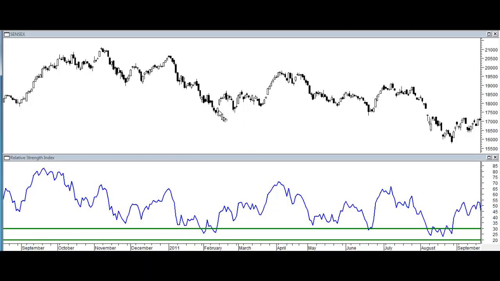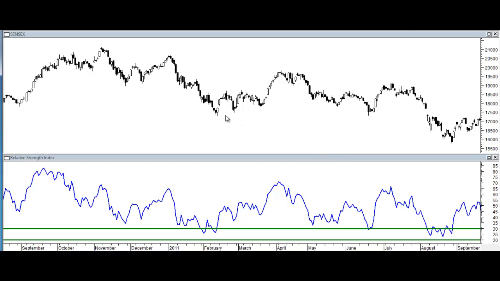Post that, Sensex made a lower low around 17,300 levels, but RSI made a higher low at 26.26, which indicates that positive divergences are in place. And again we almost retested the 17,300 zone, making a higher low at 17,470 zone.